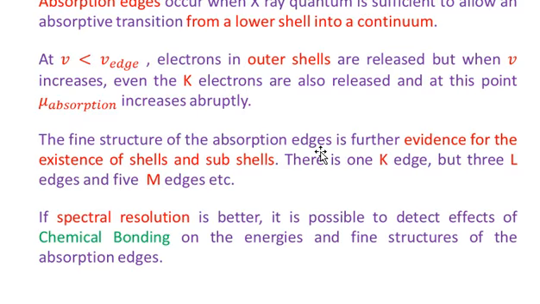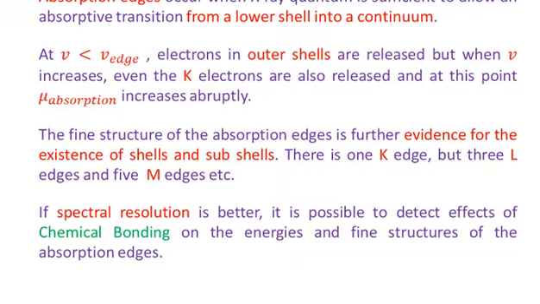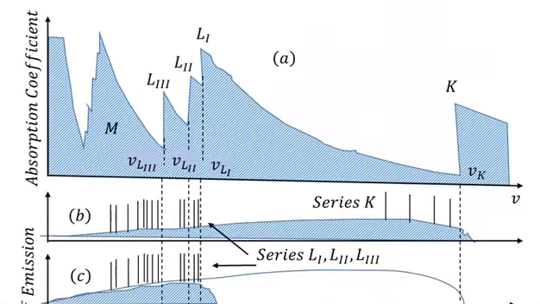The fine structure of the absorption edges is further evidence for the existence of shells and subshells. So you see that due to the fine structure, we have the L1 edge, L2 edge, L3 edge, and similarly we have 5 edges due to the M shell.